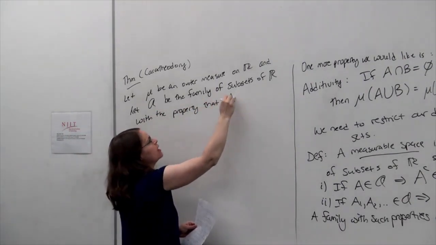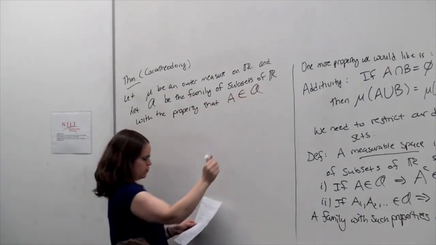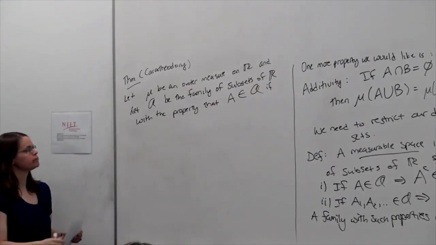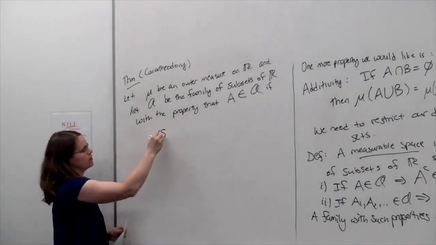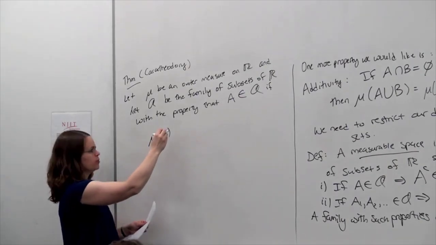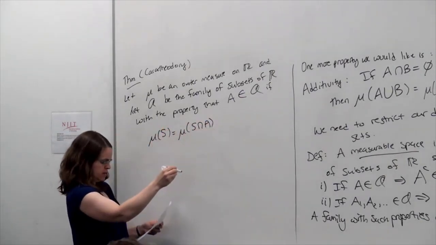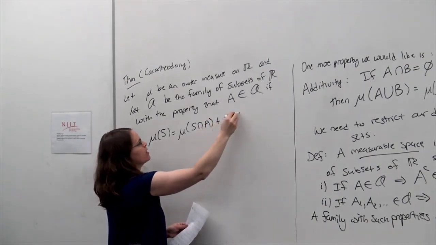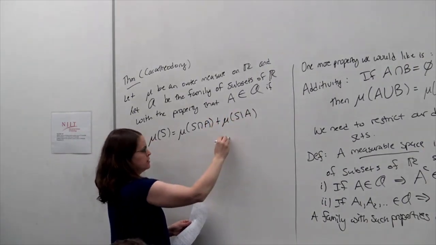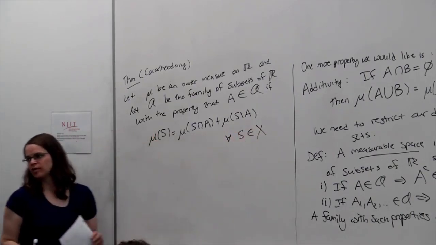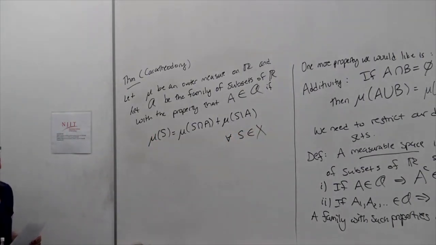A lives in this family if, I'll state it and then talk about it a little bit, if the measure of S is equal to the measure of S intersect A plus the measure of S minus A, for all possible subsets S of the reals.